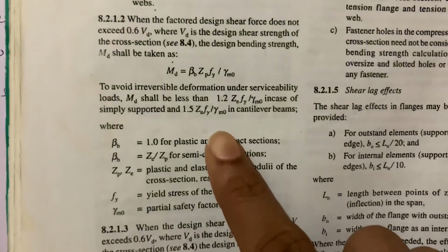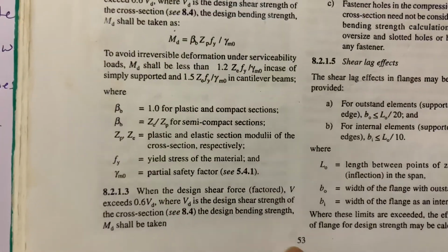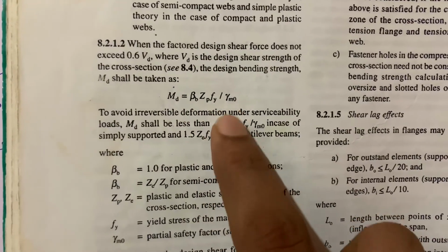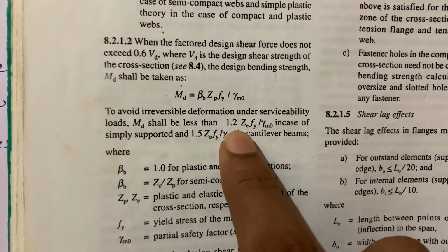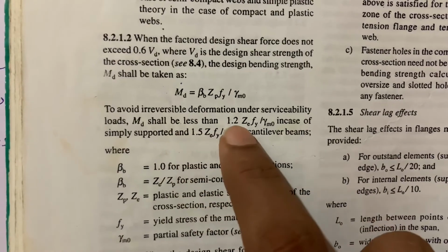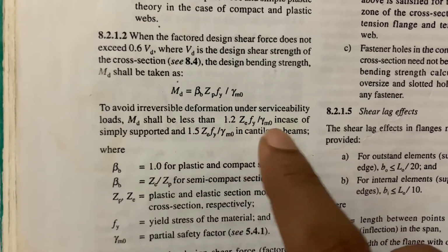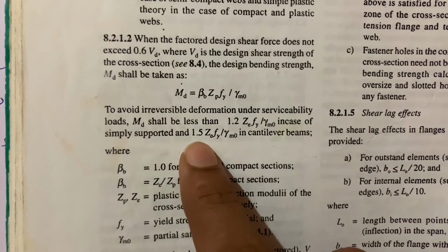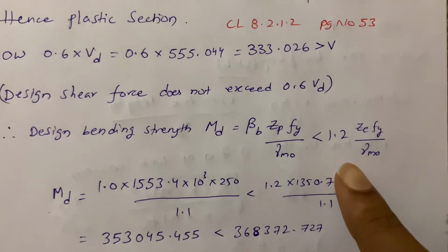This is the formula, page number 53. MD equal to beta B ZP Fy by gamma m naught, and MD shall be less than 1.2 ZE Fy by gamma m naught in case of simply supported beams. In case of cantilever beams, we need to take 1.5. So here I took the formula.